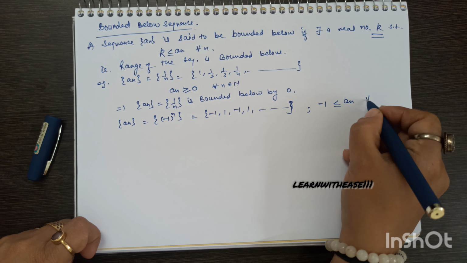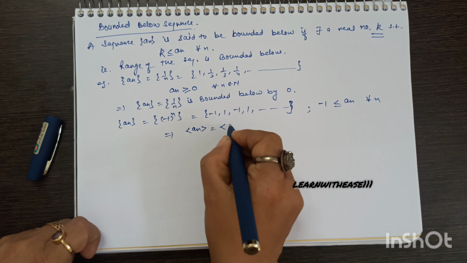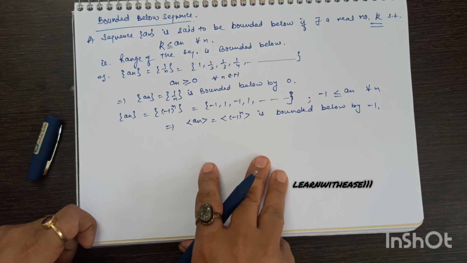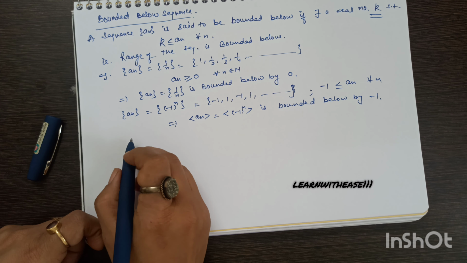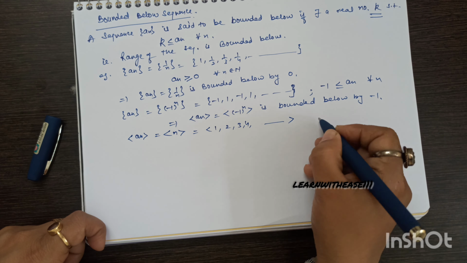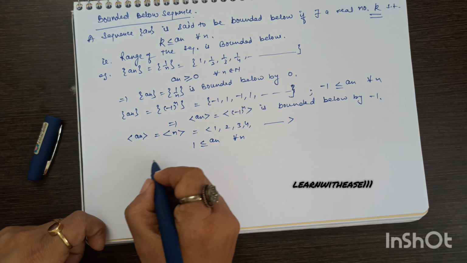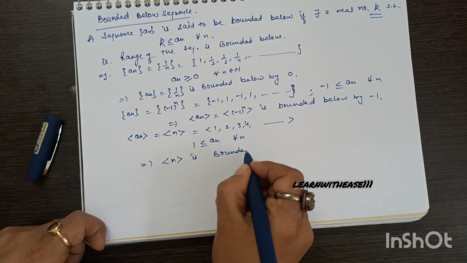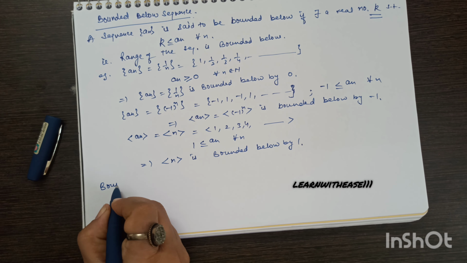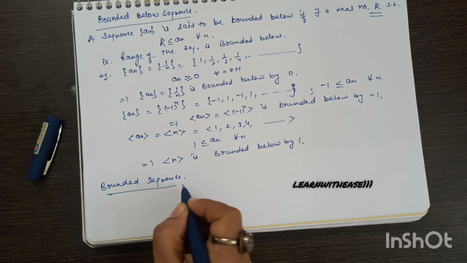In case of (-1) to the power n, all the terms are greater than or equal to -1, the sequence is bounded below by -1. In case of the sequence n, suppose the sequence is 1, 2, 3 onwards, all the sequence members are greater than or equal to 1, it is bounded below by 1.